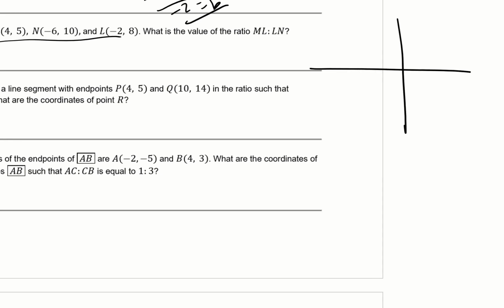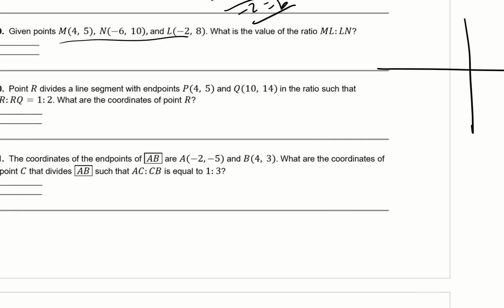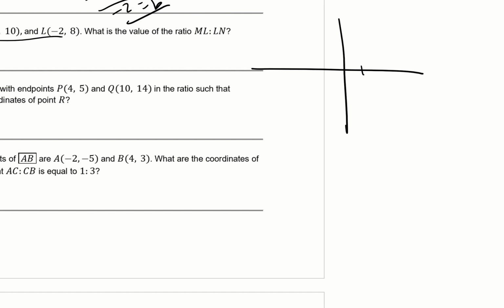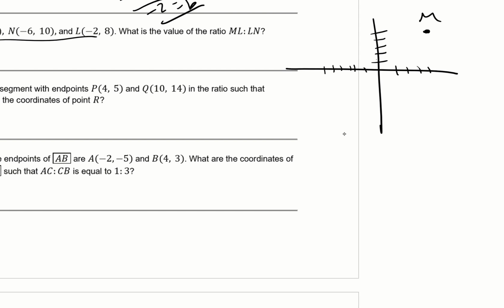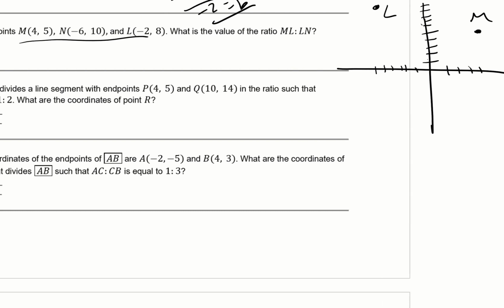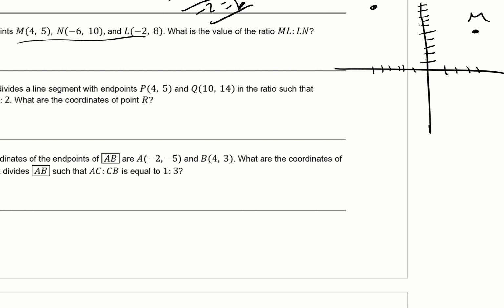So for example, let's see here, we have m somewhere here. That's going to be n here. M, n, and negative 2, 8.